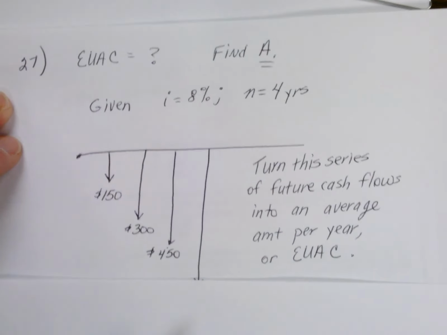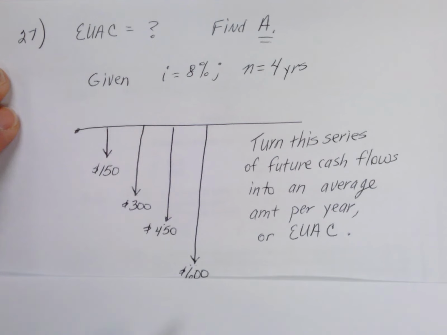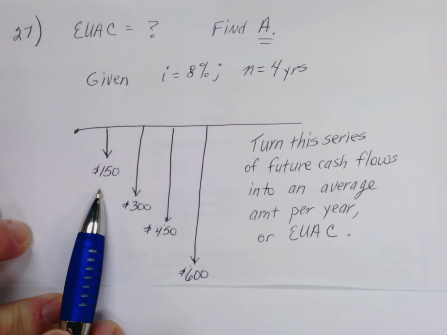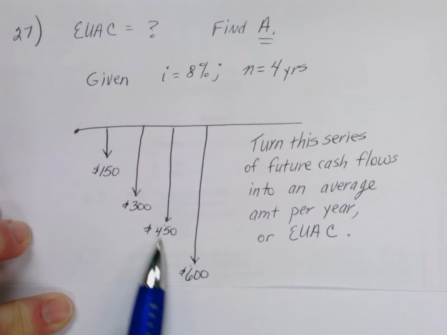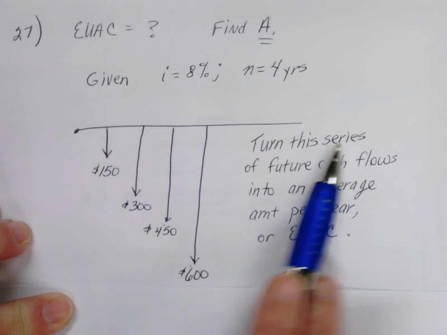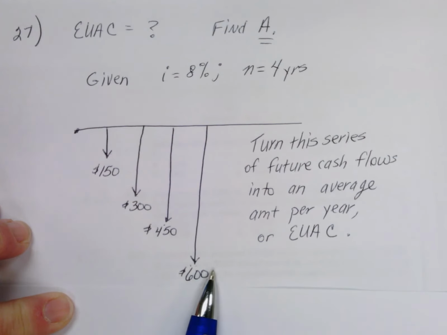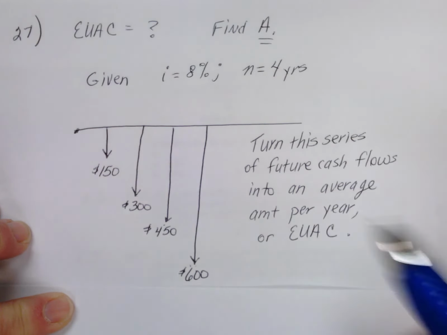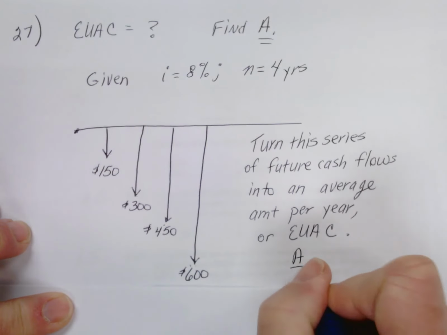Let's draw a little timeline now to show the cash flows in this problem. I've written down arrows because the cash is going out, it's maintenance cost: 150, 300, 450, and 600 for years 1 through 4. We're asked to turn this series of future cash flows into an average amount per year, or equal uniform annual cost, which we know is A, an annuity.